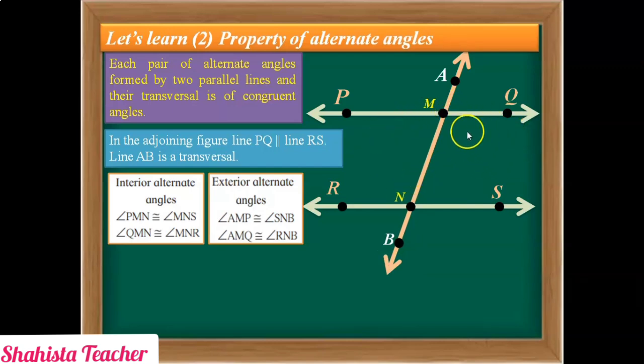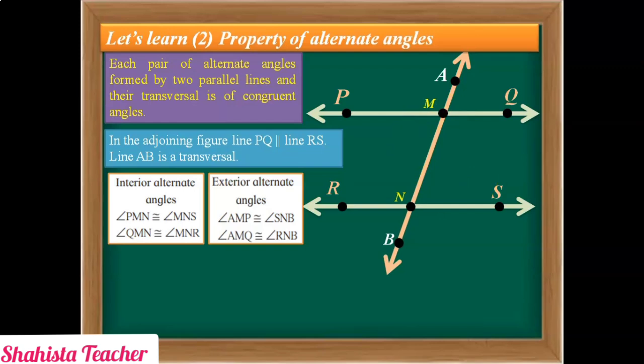So interior alternate angles are present in this way, on this side of the transversal, and above and below are exterior alternate angles, while inside are the interior alternate angles.